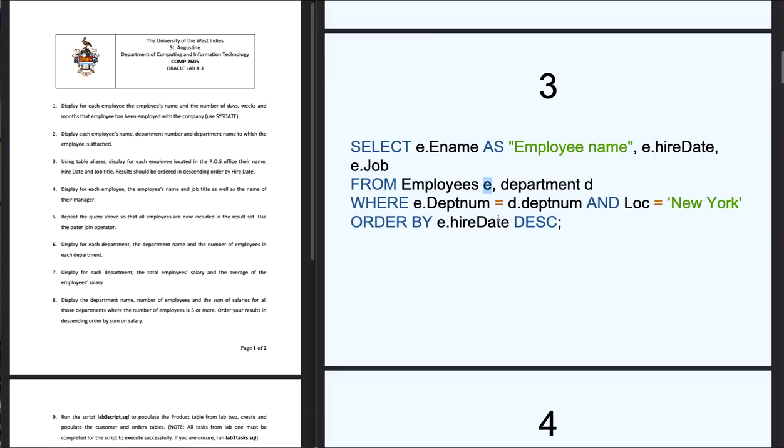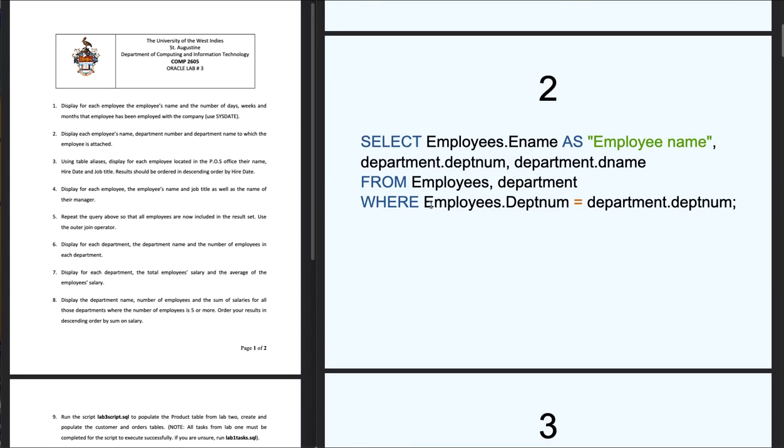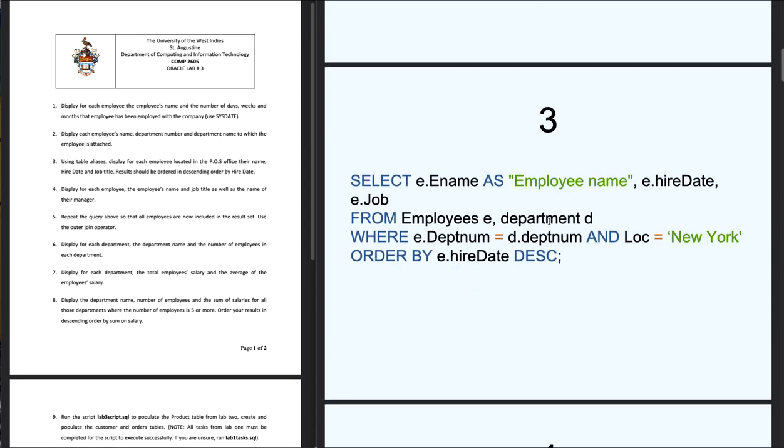These make the query cleaner itself. Okay, so instead of saying, as we would have seen in question 2, employees.departmentnum, we have here e.departmentnum, which is simply an alias for the employees table.